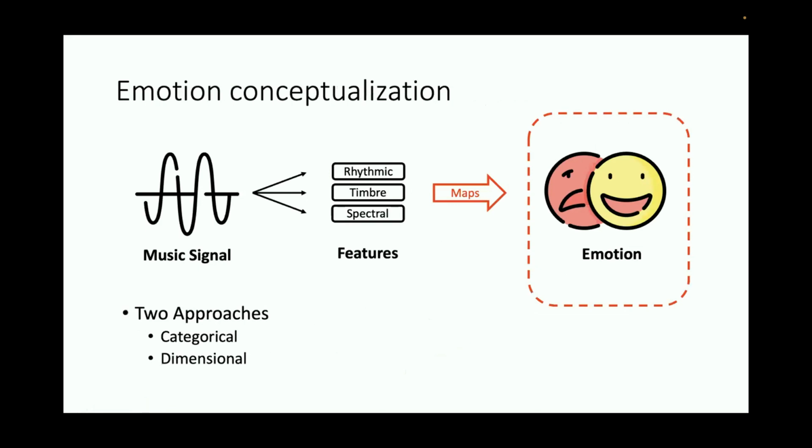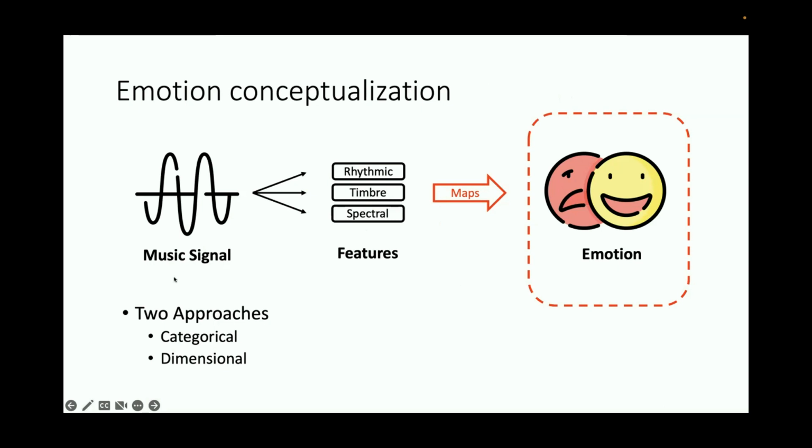Before we dive into the labels, we need to understand how to conceptualize emotion. The features are taken from the music signal, such as rhythmic features, timbral features, and spectral features. We need to think about how to map them into an emotion. So how are we going to model it?